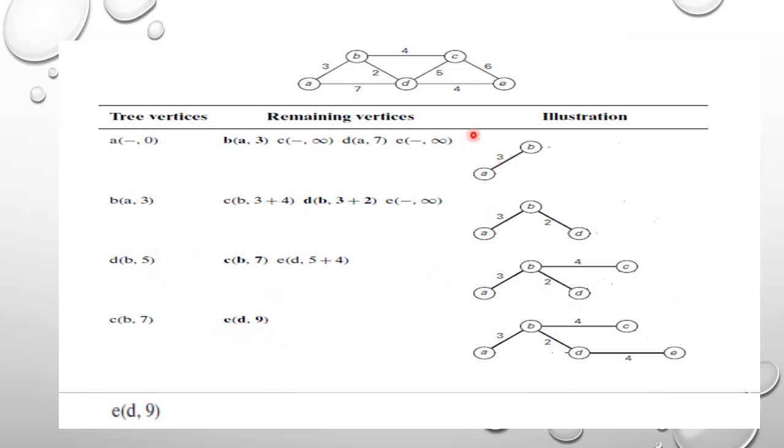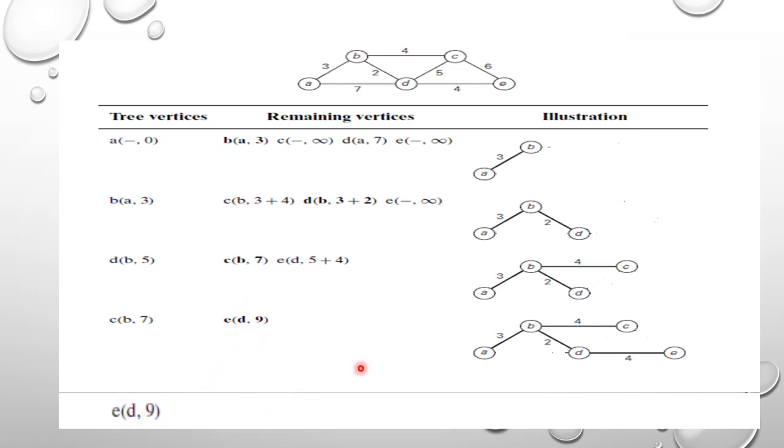What is the DE distance? That is 4. 5 plus 4 is 9. So add E in the illustration. So finally E, via D, can be added to the tree vertices, whatever is remaining, you add it in the tree vertices.